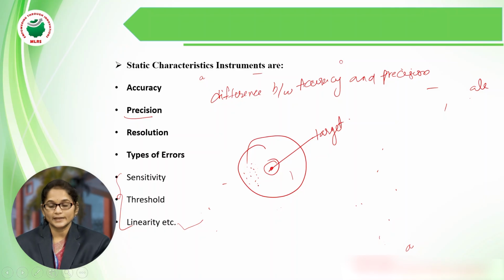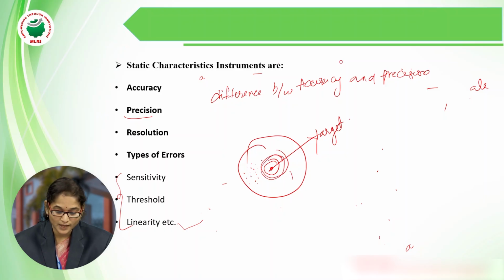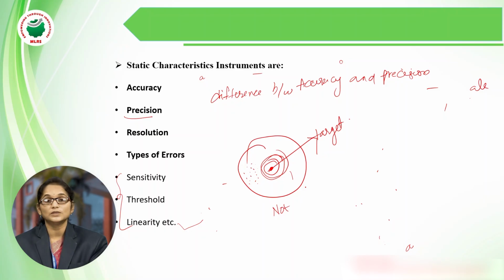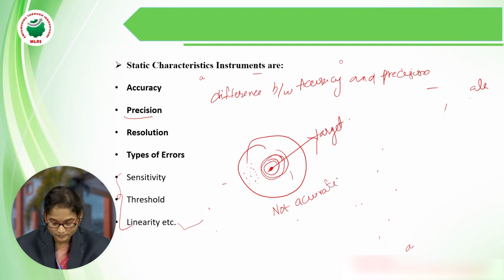Every time the archer throws an arrow at the circle, the placement is close to the previous ones, but far from the target, so it is not accurate. Precision is the closeness of values to each other.